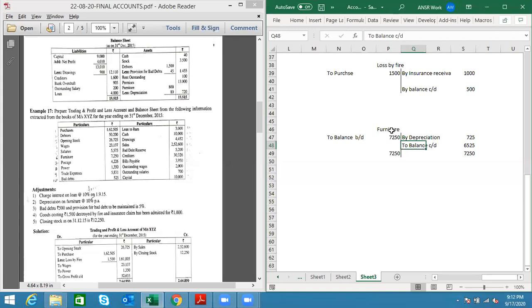Each adjustment is nothing but a transaction. The only difference is that these transactions are not yet recorded in the books. So we take those transactions, see what the journal entry is for those, and post those journal entries to the balances of the accounts involved.